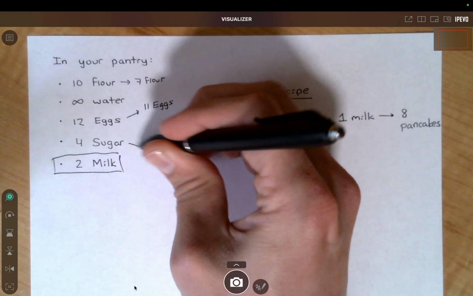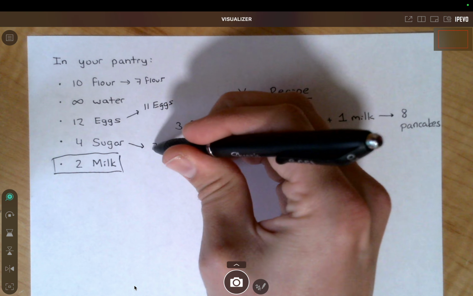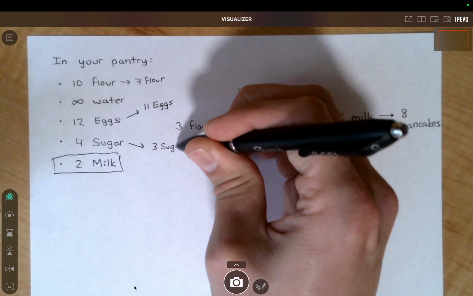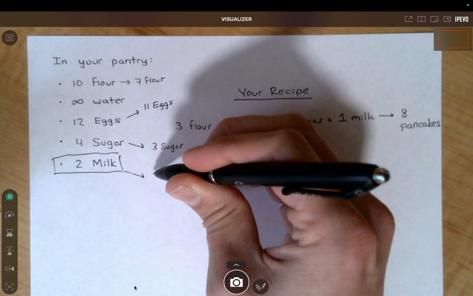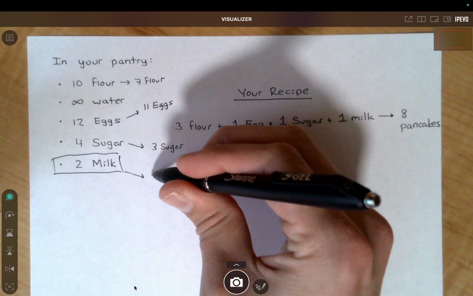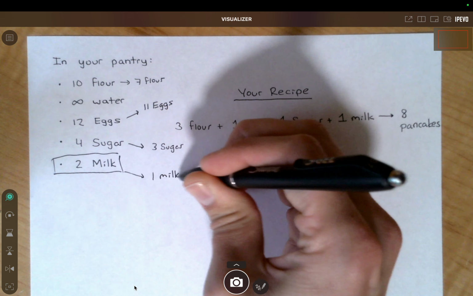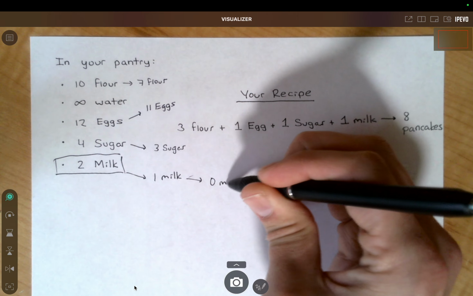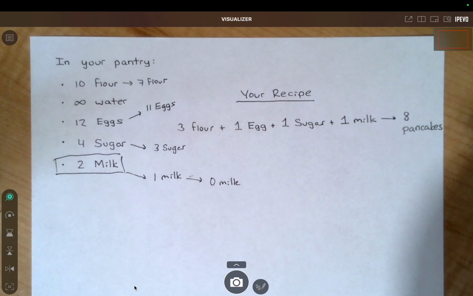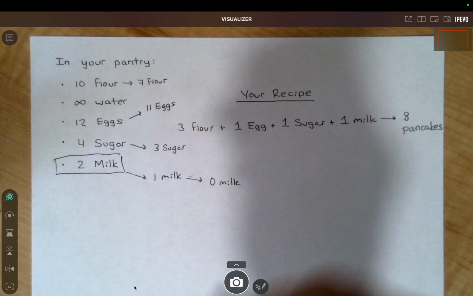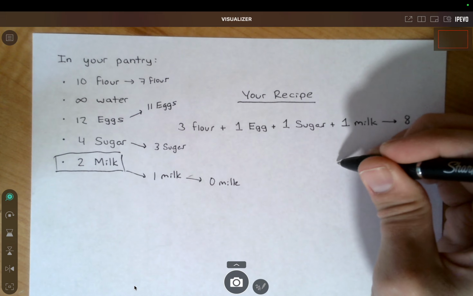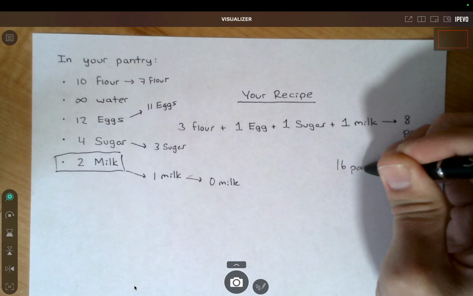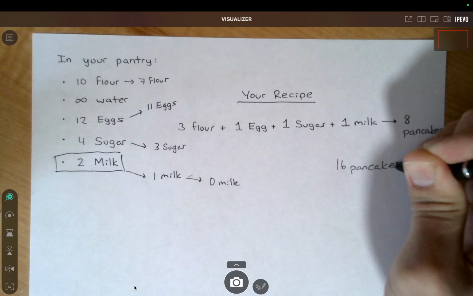I'm going to use up 1 cup of sugar, leaving me with 3. And I'm going to use 1 cup of milk, leaving me with 1. If I do it again, I end up with 0 cups of milk. And after you run out of milk, then the recipe is over. So the best I could do is 16 pancakes, 2 batches, right?